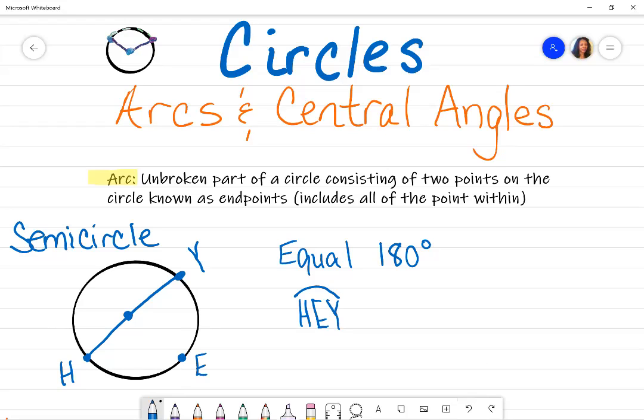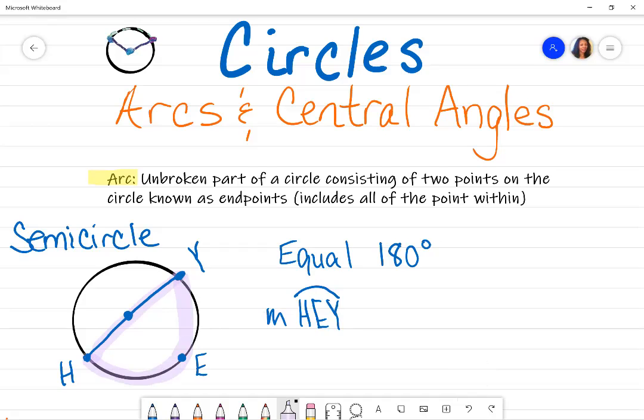And if I were to ask you again, what's the measure of arc, the symbol here is how you identify that you're trying to find the arc. And if you're trying to find the measure, you just put a little M there. So the measure of arc HEY, I can see that's a semicircle.